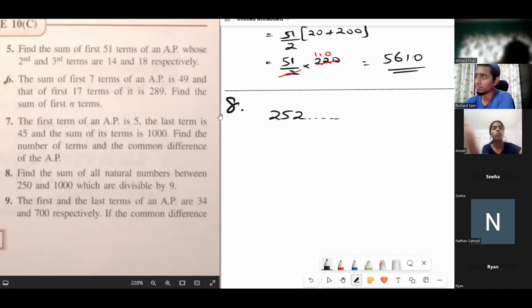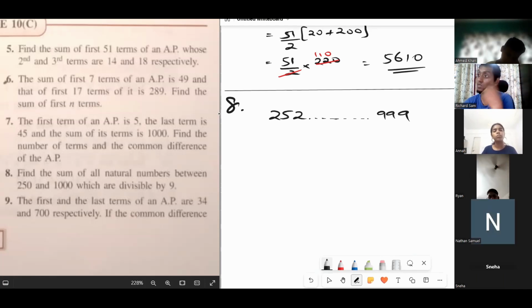And the last number below 1000 that's divisible by 9? 999. 999 is 9 plus 9 plus 9 is 27, which is in the 9 tables. So this is your AP, starting with 252, ending with 999. Sneha, Nathan, and Ryan, put your cameras on. See, there was another way.